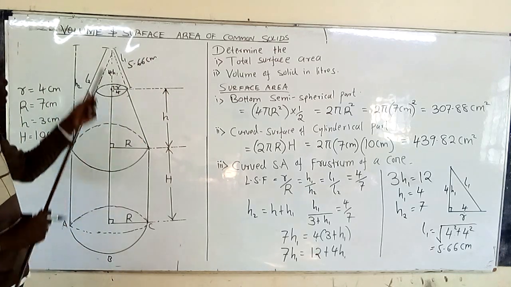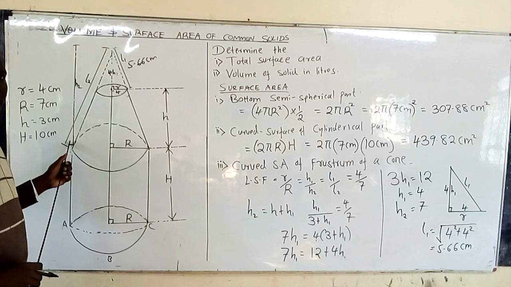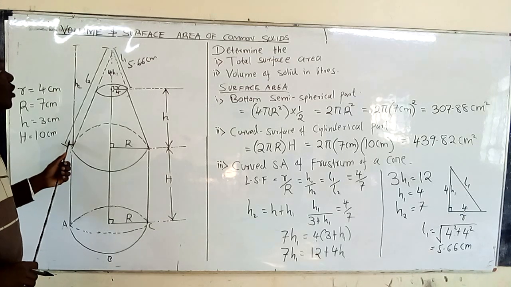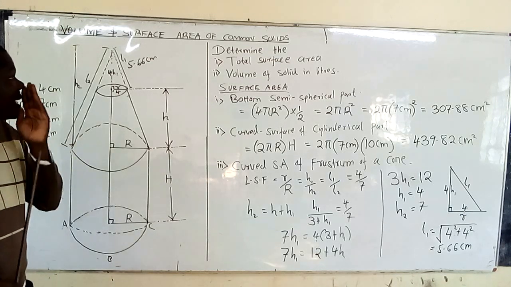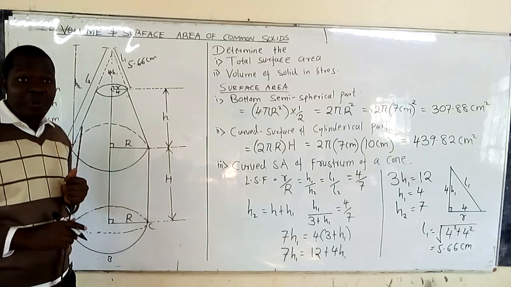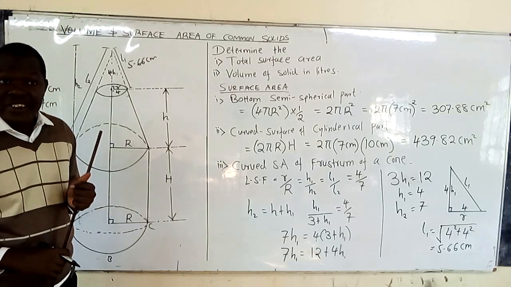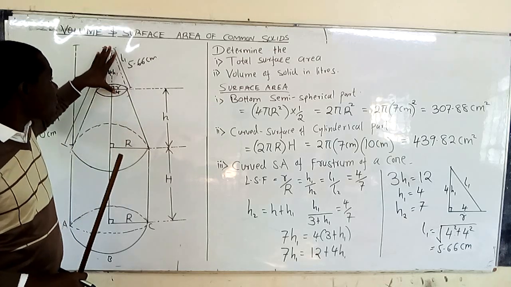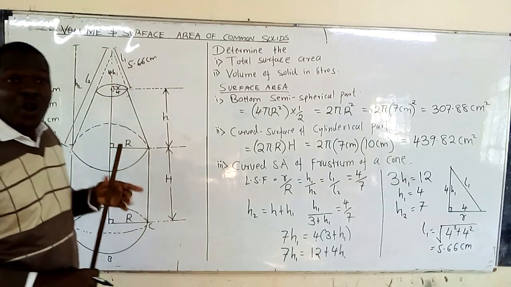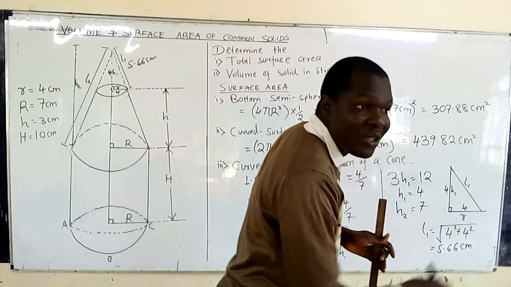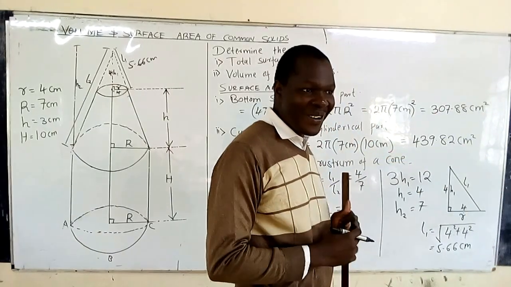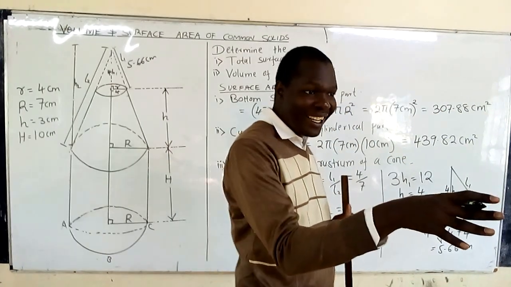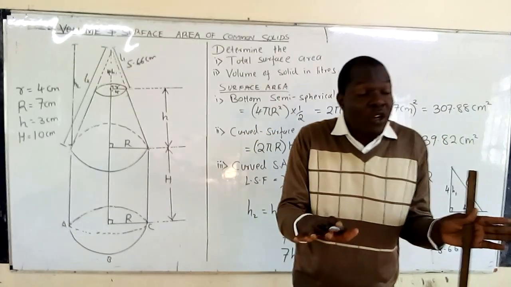So it means we can now get L2. Now you don't need L2. The reason being, this is what you do. Once you found the surface area of this smaller cone, you now use the area scale factor to get the surface area of the bigger cone. Are you seeing what's happening? We are talking about the curved surface.